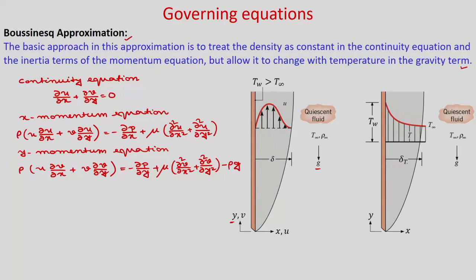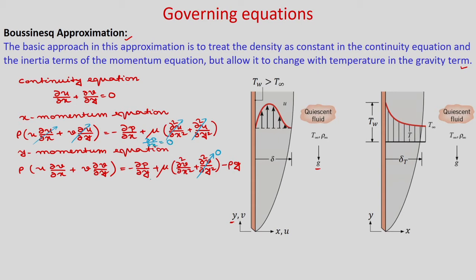So, in this case now you can have the assumptions. In a similar way as we have done in forced convection, you can neglect del 2 v by del y square, and in the x momentum equation all these terms will become negligible, and you will have del p by del x as 0.